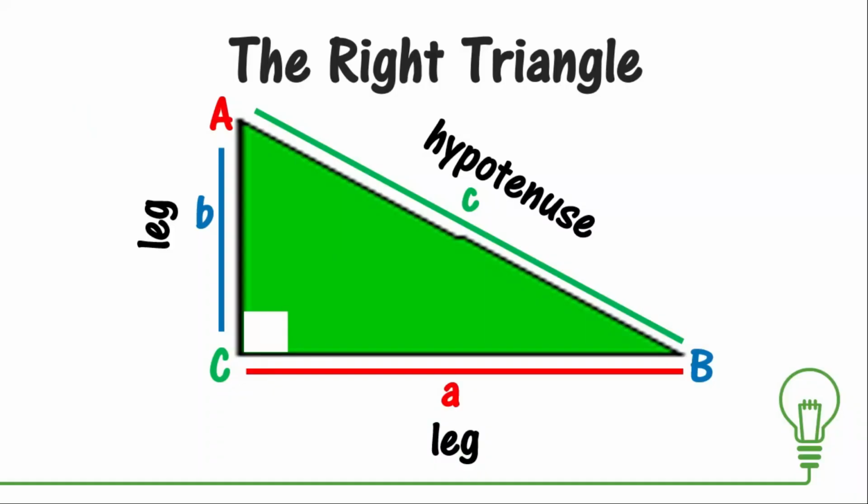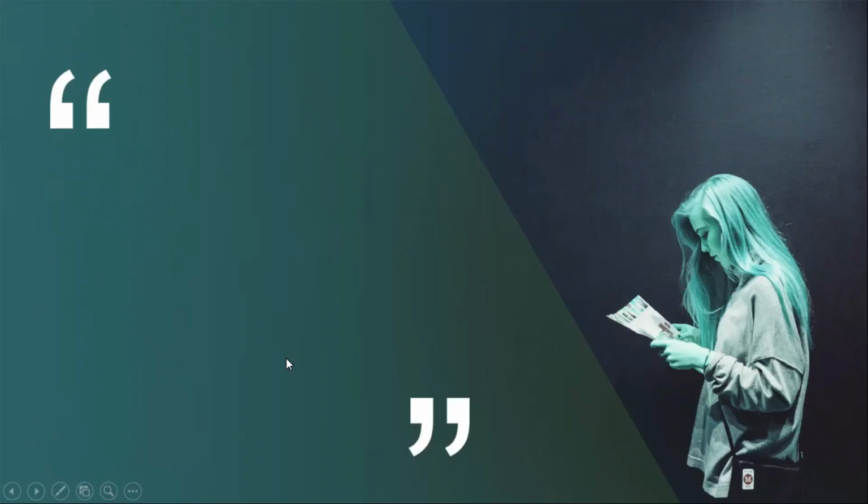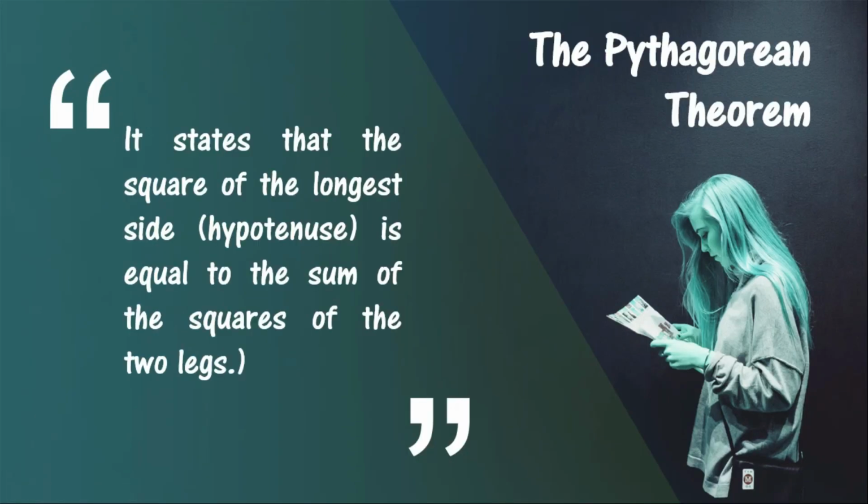Alright, so let us go back to this figure. The theorem states that if we square the hypotenuse of this right triangle, that would be equal to the sum of the square of this leg and the square of this leg. How are we going to illustrate that using a mathematical equation?